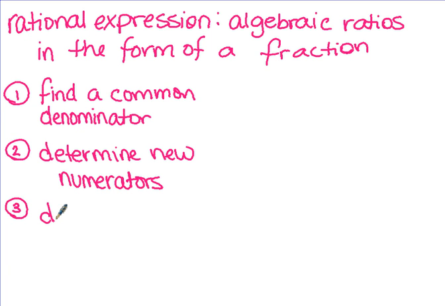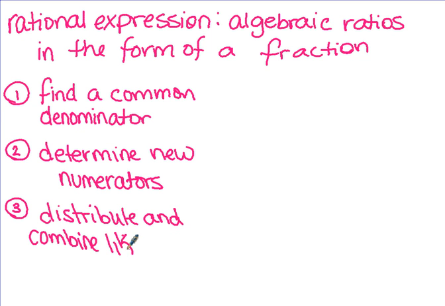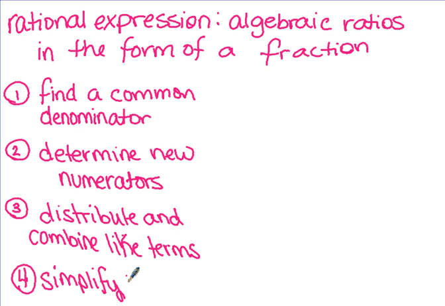We're going to distribute and combine like terms. And then finally, we're going to simplify if possible. All right, so 4 steps in solving rational expressions. We need to find a common denominator, determine new numerators, distribute and combine like terms, and then simplify if possible.